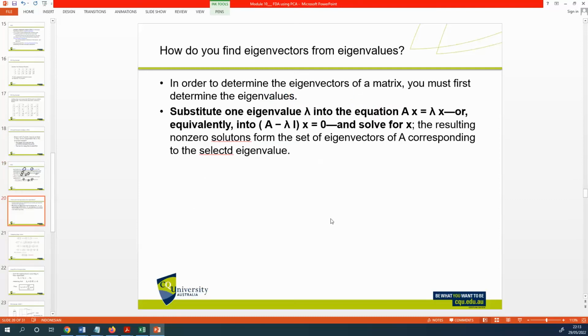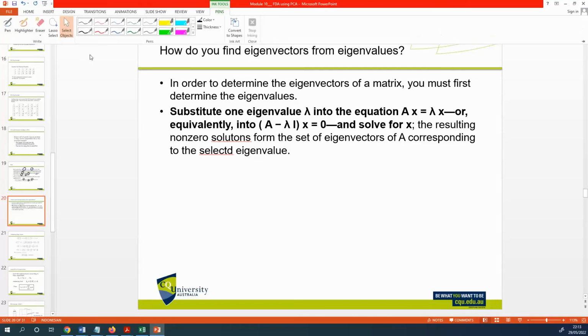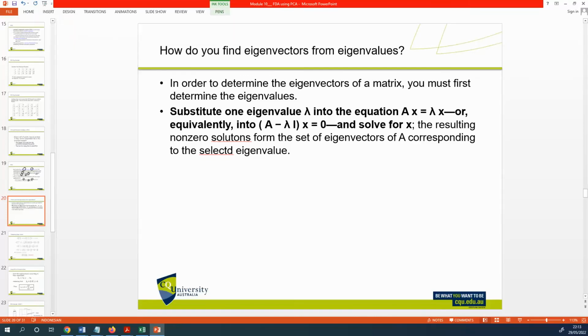So how do you find eigenvectors from eigenvalues? In order to determine the eigenvector of the matrix, you must first determine the eigenvalues.